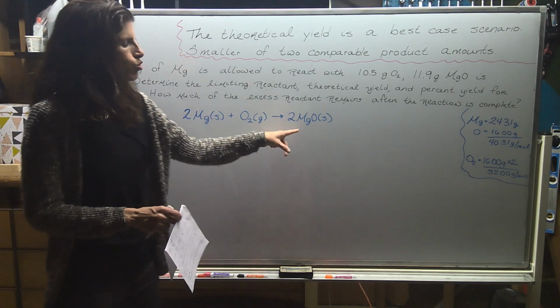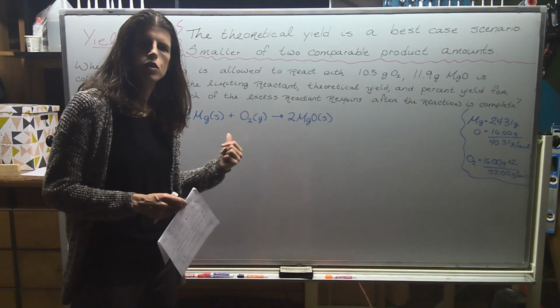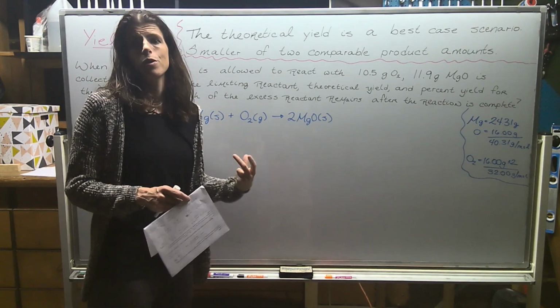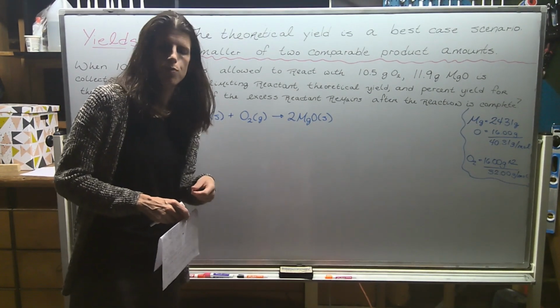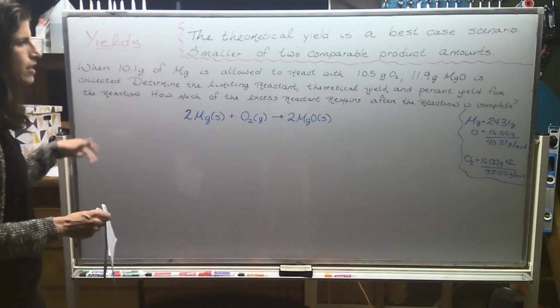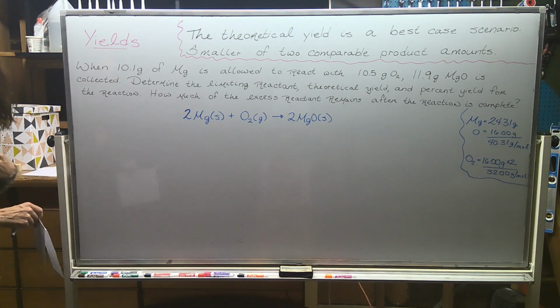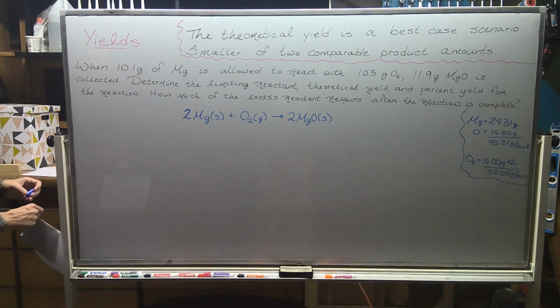Like, why don't you get 100% magnesium oxide when you burnt that magnesium metal? I mean, we should all know how to burn a little strip of metal, right? Why can't we get 100%? So think about that as we're going through the problem, and then we'll come back. I'll let you know what I think the main source of loss of product is on this one.